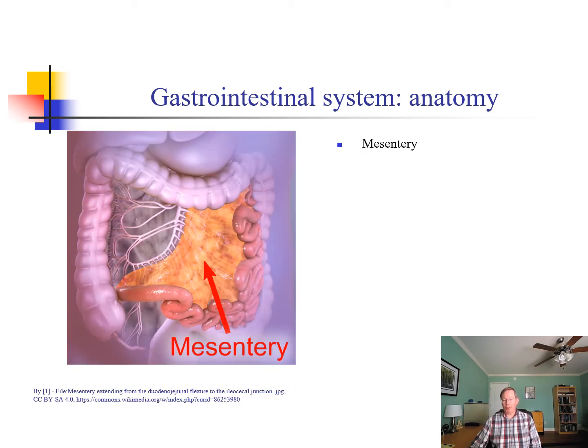Now, if you look at the majority of the bowel, which is the small intestine, you will see that it is connected through a mesentery. And this mesentery has lots of blood vessels that go in it, and it's really quite beautiful. It keeps the small intestine, in a sense, very much organized.